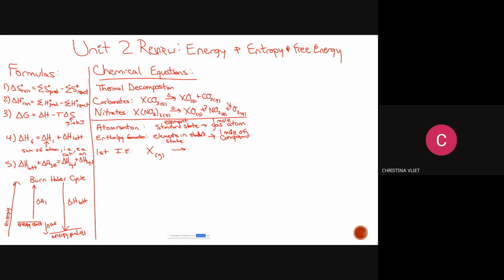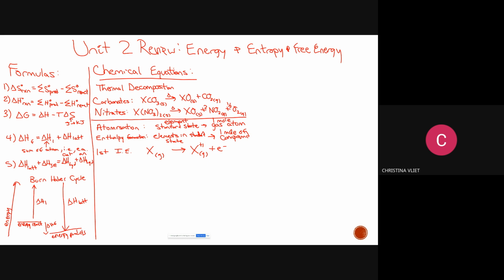And then it goes to X plus 1 gas phase as well. There's plus e minus because you're ripping the electron off basically.